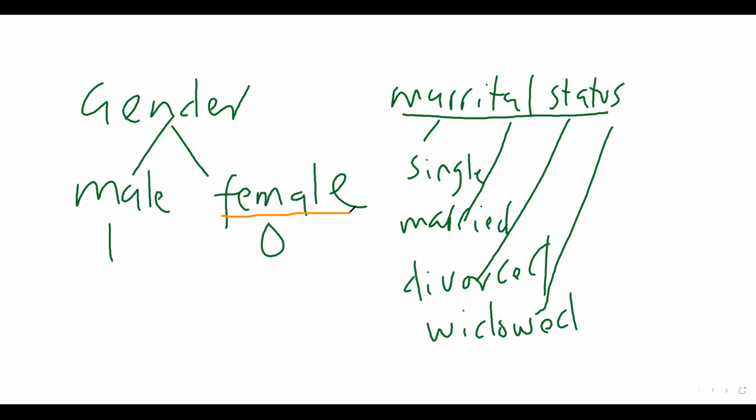So anytime you do the regression, you are going to have inside the regression one of the independent variables to be gender. Watch it. Okay, so we are using the female as the reference category, as the base category.